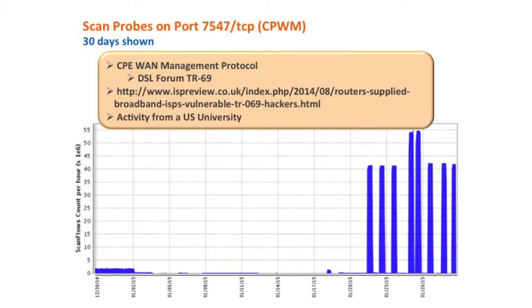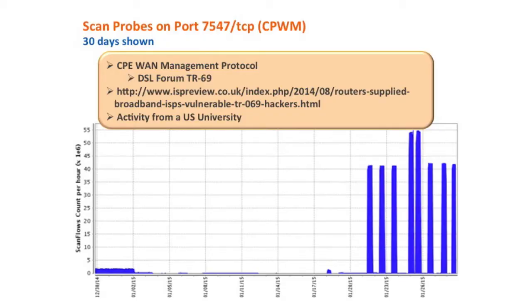There's actually an article about this that indicates that there are a number of vulnerabilities in some of the implementations that are potentially exploitable. Now, this particular scanning activity actually is attributable to a particular United States university. I'm going to say this is innocuous activity that we're detecting here.